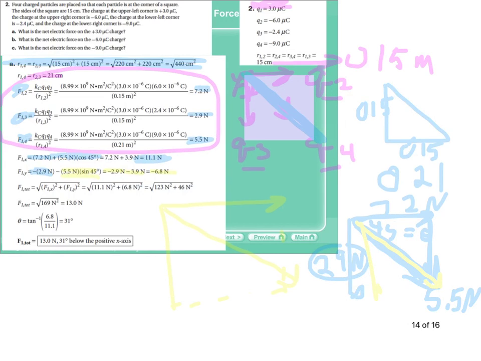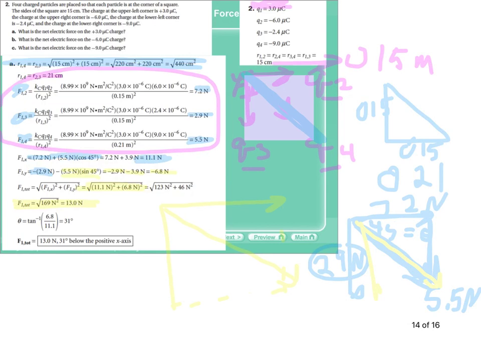So, Pythagorean theorem right here. Calculations you're going to want to do. So 11.1 squared plus 6.8 squared. And we find 13.0. Then we want the angle.